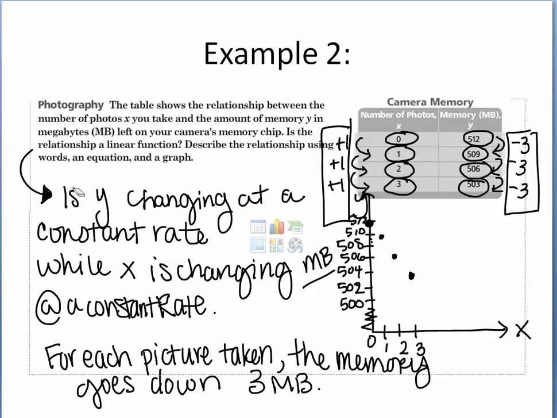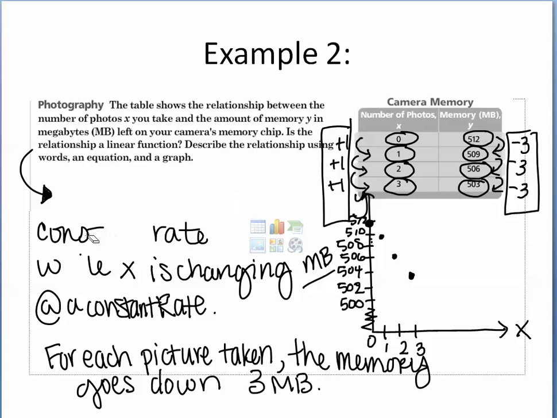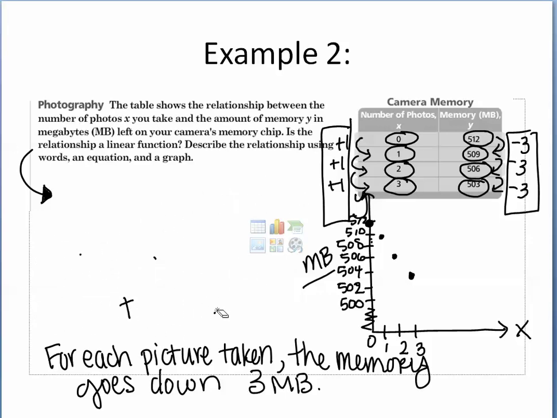Okay, now the other thing we got to do is create an equation. Alright, so let's create an equation from this. Now remember, X is our pictures, and that's our independent variable, and Y is our output, which is our dependent variable, and that's the number of megabytes left on the card.